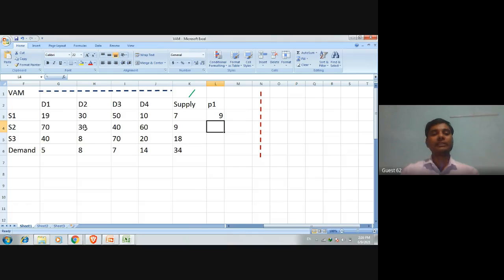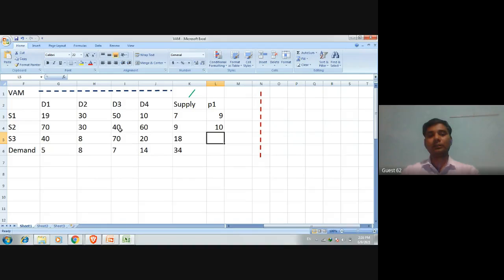Similarly, for the second row, 30 and 40 are the two least quantities, so 40 minus 30 is 10. This is the penalty for the second row.